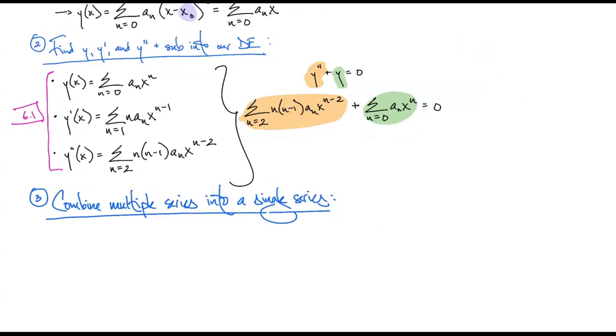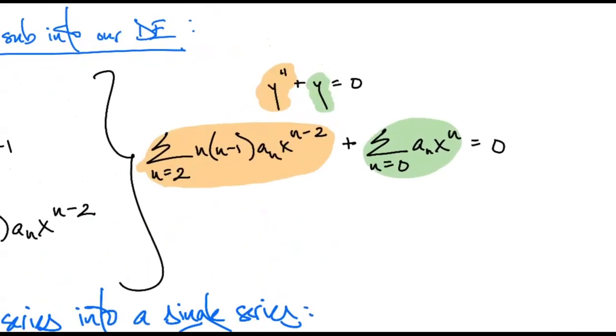Now here's how we're going to do that. All right. These are two clues that I think are so important to look for. When you look at your series solutions, the one with multiple series, in order to combine them, if you think back to 6.1, the index or the number at the bottom has to be the same.